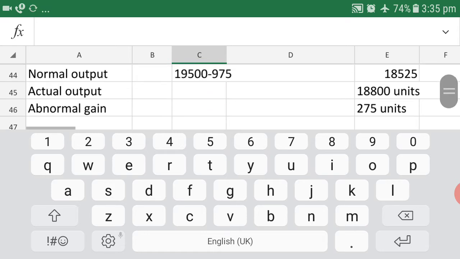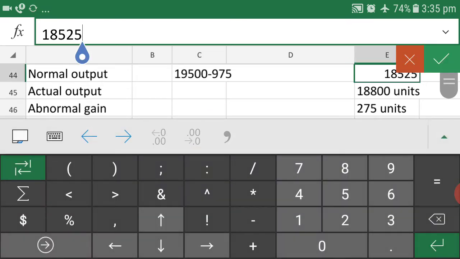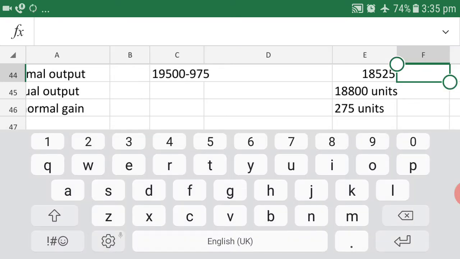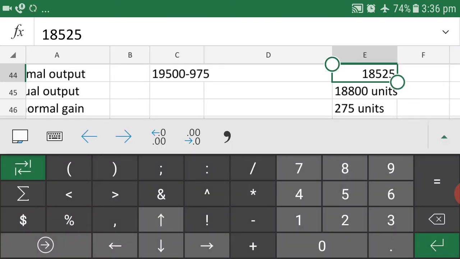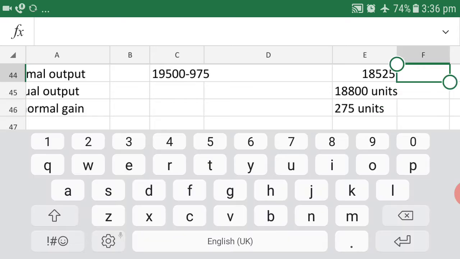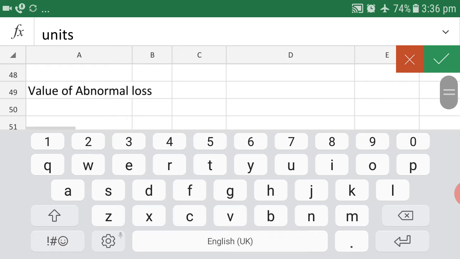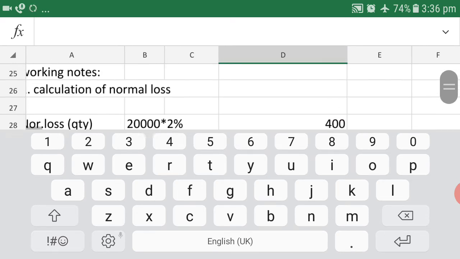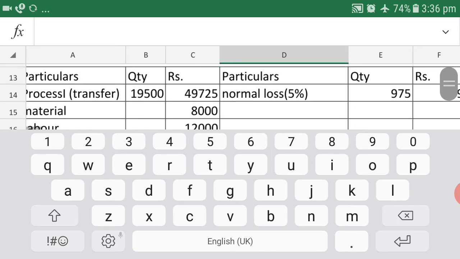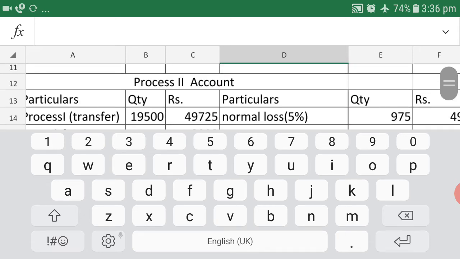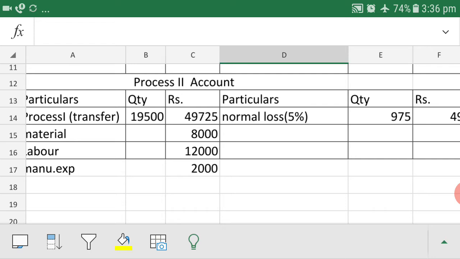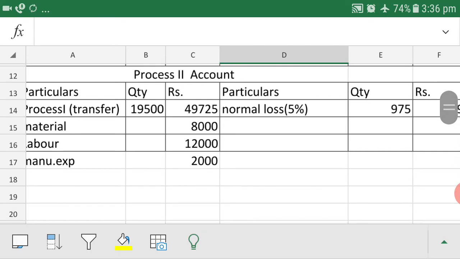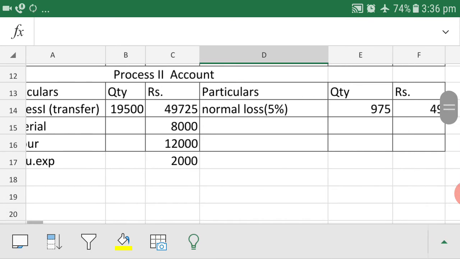Let's see the table again. In the process 2 account, the debit side is given.